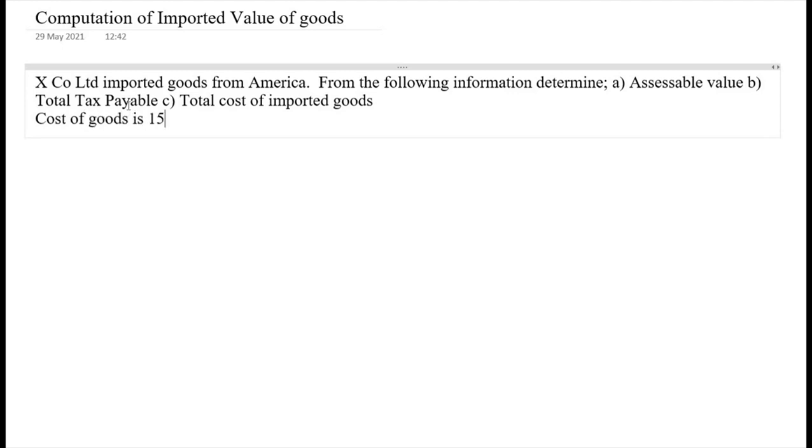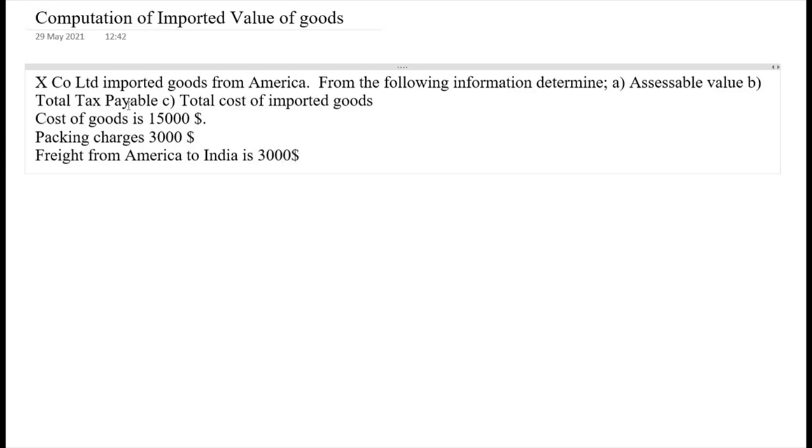Cost of goods is $15,000. Packing charges $3,000. Then freight from America to India is $3,000.